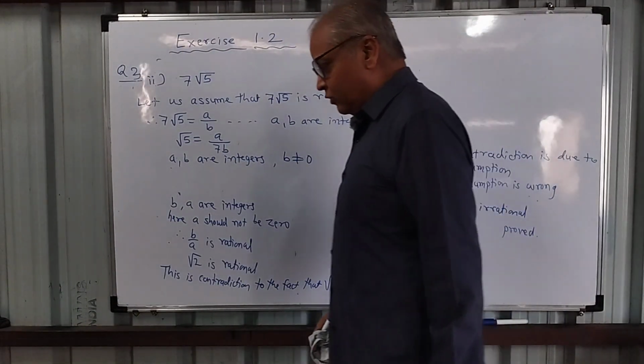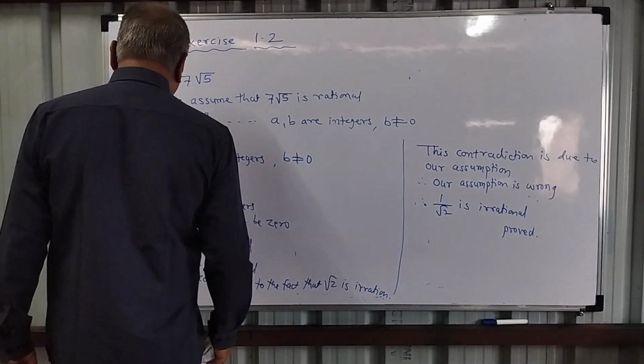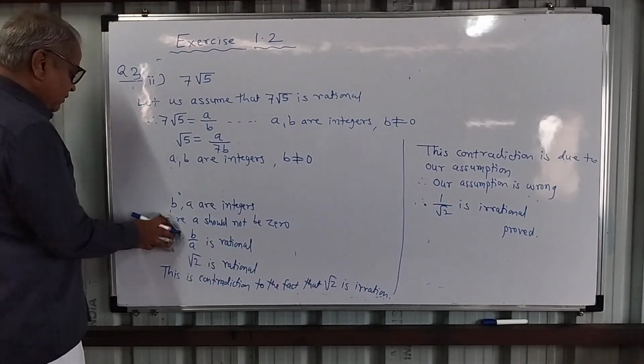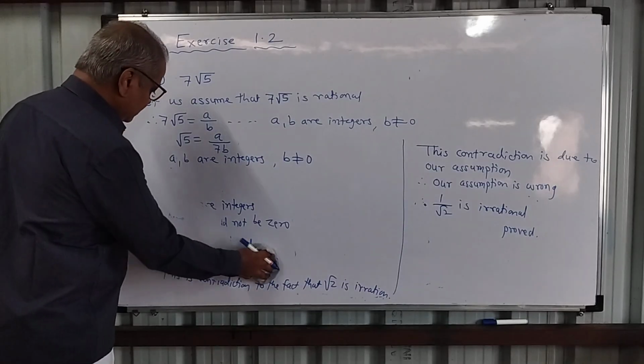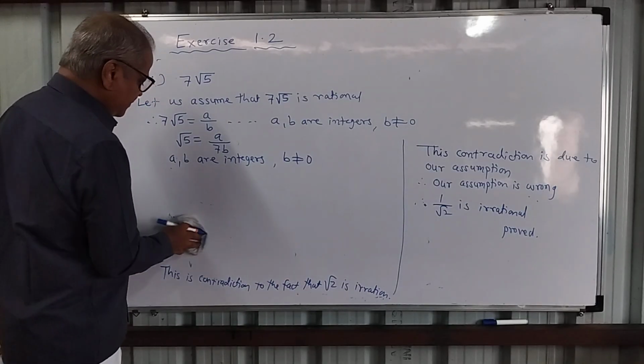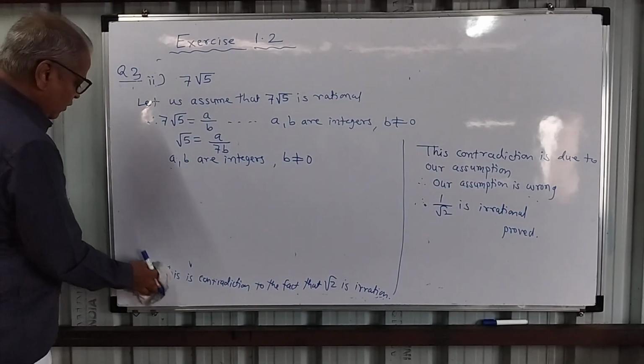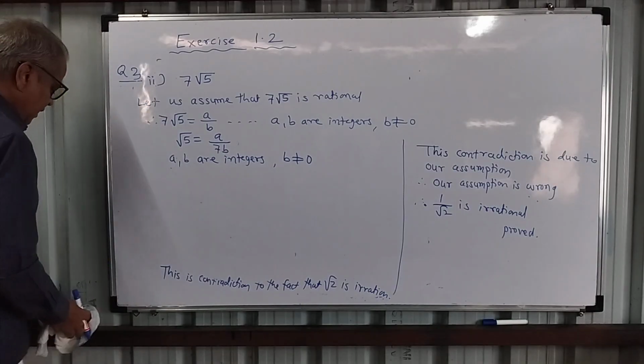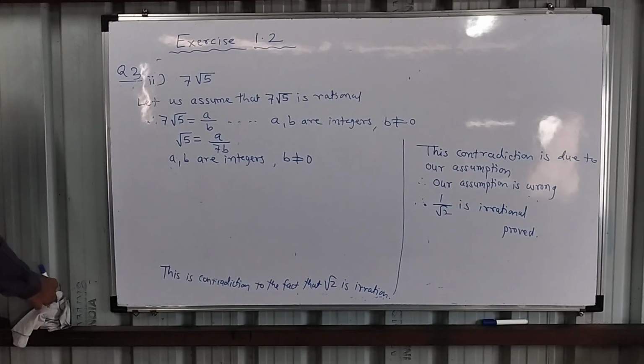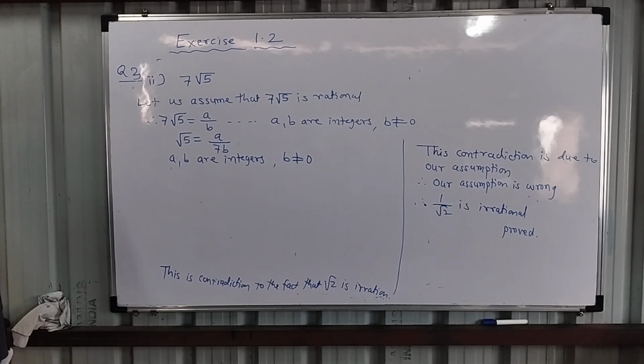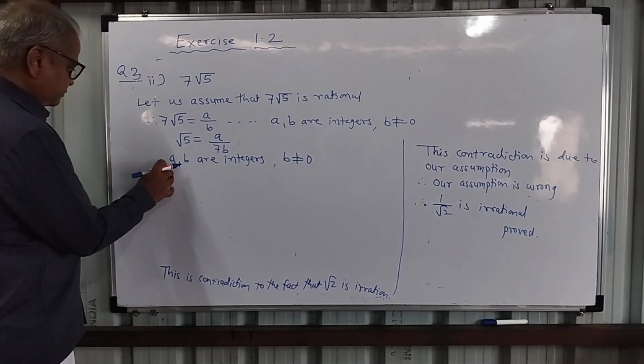But the fact is that root 5 is irrational. We know that. So again, this is a contradiction to the fact that root 5 is irrational. And this contradiction is due to our assumption. That's why our assumption is wrong. And I can write 7 root 5 is irrational.